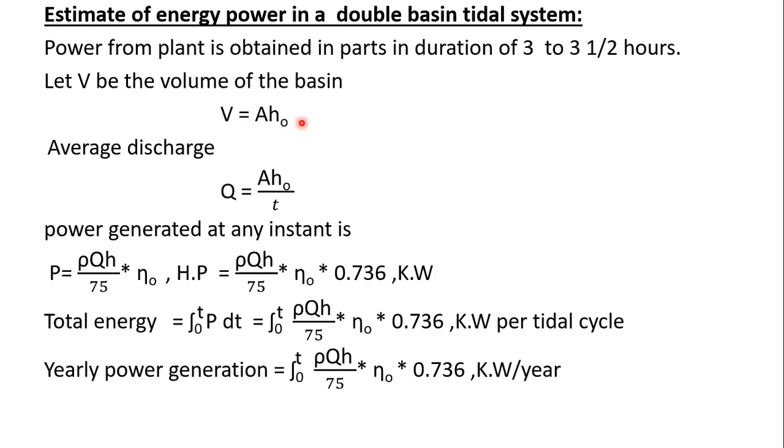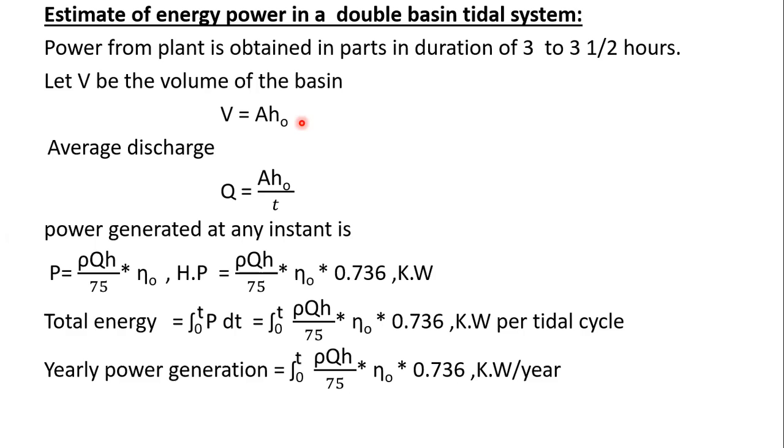H naught is the maximum difference of the water levels, that is, the difference between the maximum water level and the minimum water level. If you subtract them, you will get H naught.